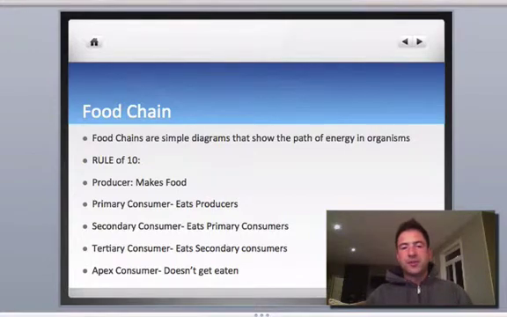But we rarely go there, because with this rule of 10, there's not going to be a lot of available energy anyway. It's not that we lose 10%, it's that we only pass on 10% through each of the levels. So we call this an apex consumer, and basically that means it doesn't get eaten, and there are some species like that.